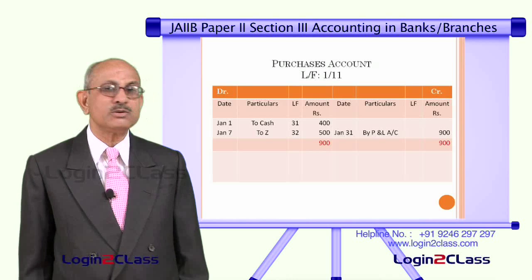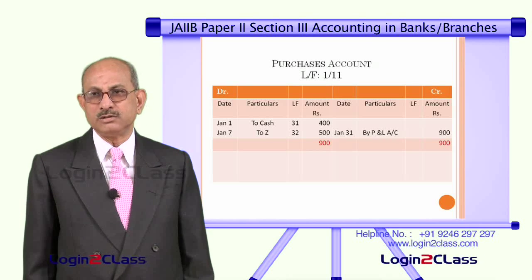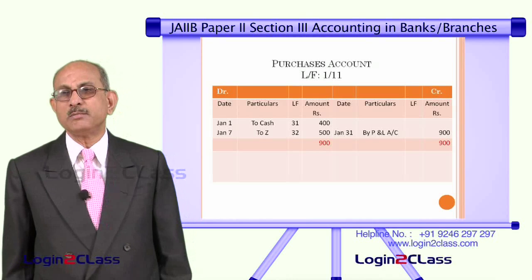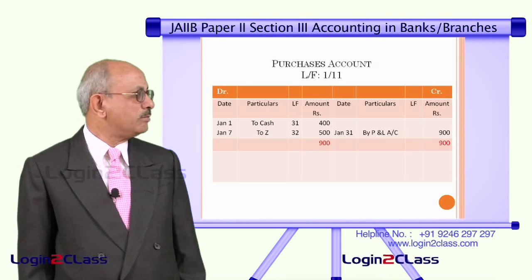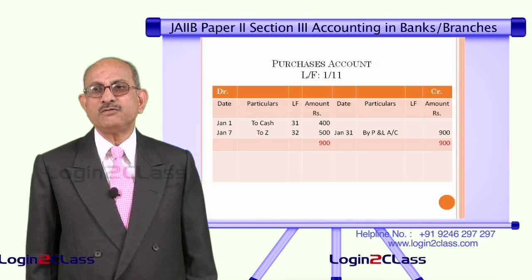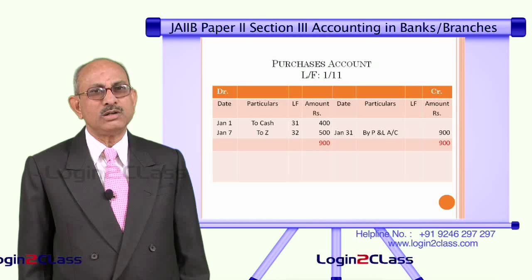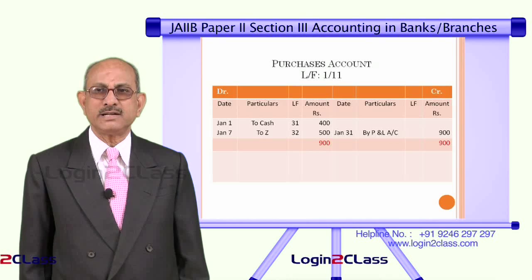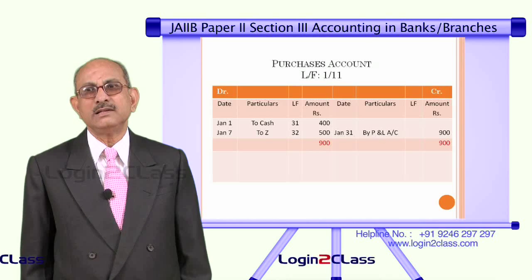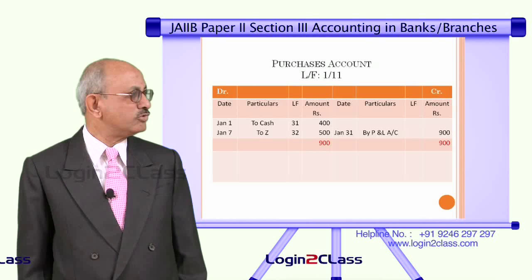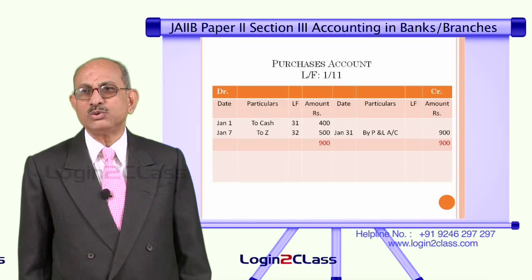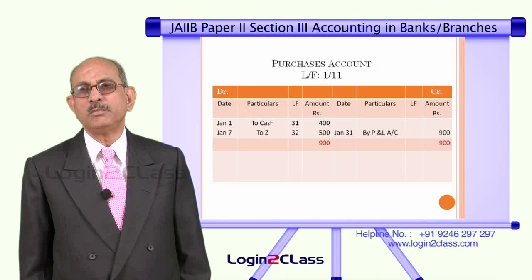But when we are taking out the balance as to what is the balance in the purchase account, we have to take it as 900. It is the balance which has been transferred to the P&L account. So what you have to remember here is, in the case of all nominal accounts like purchases, salary account, rent account, sales account, which are income and expense items, they need to be taken down to the P&L account, and there is no question of carrying down the balances.